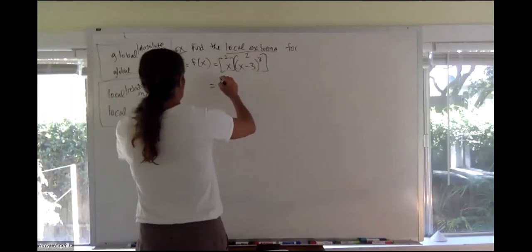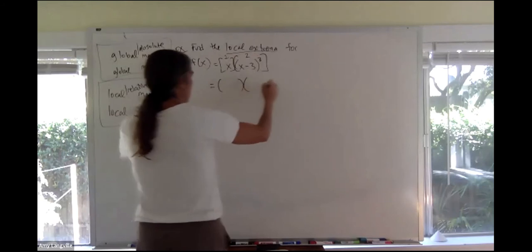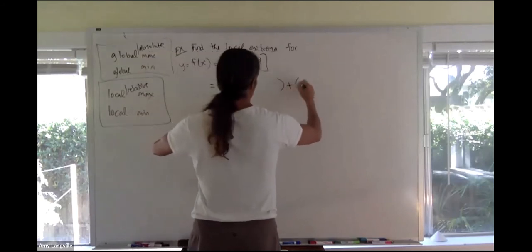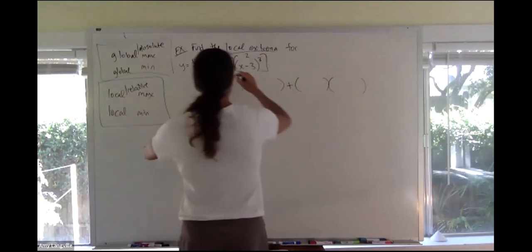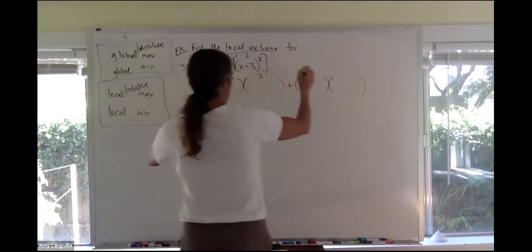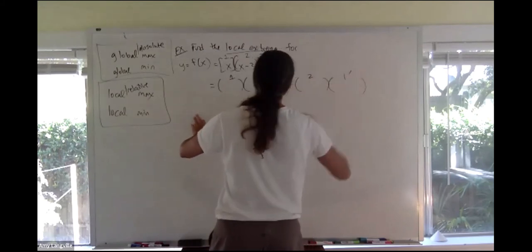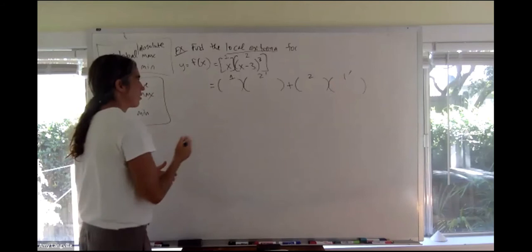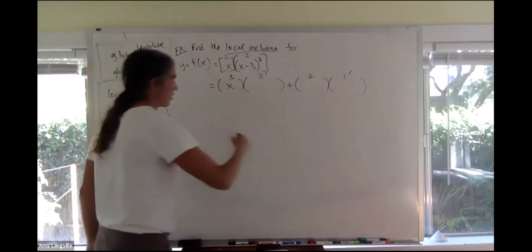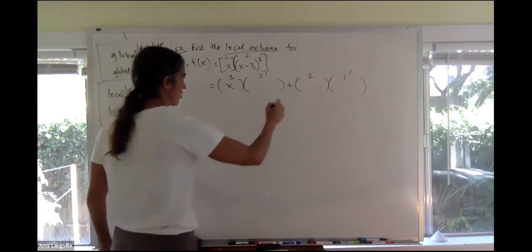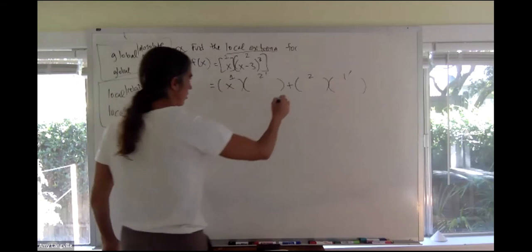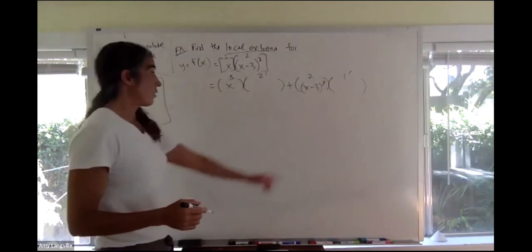And so we set up the structure: first times the derivative of the second, plus the second times the derivative of the first. The first function is x. The second function is (x minus 3) cubed. That goes back here.